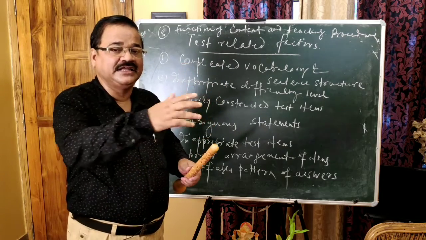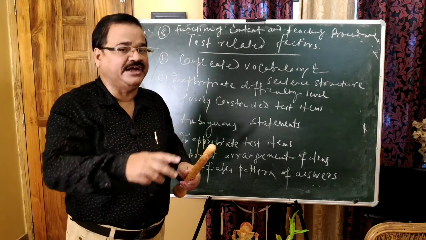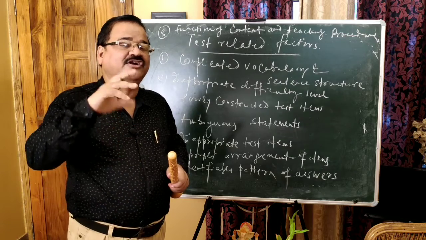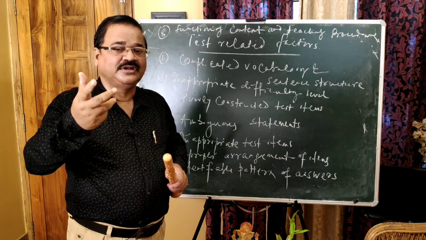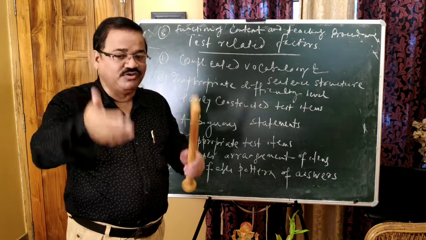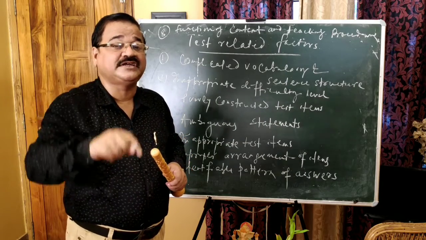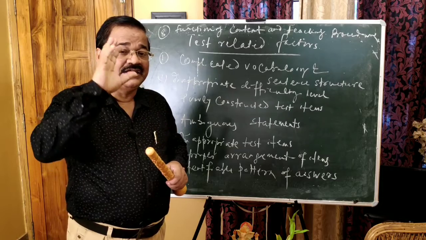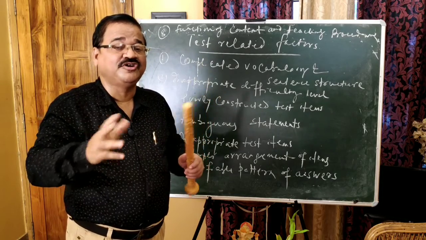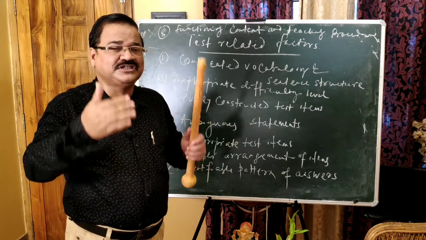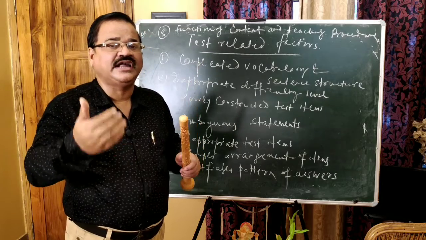If in the beginning you find some difficult items, then you get confused. Subsequently, you cannot answer all other questions even though you know the answer, because from the beginning you get confused. You become mentally harassed because the question was so difficult you could not answer.